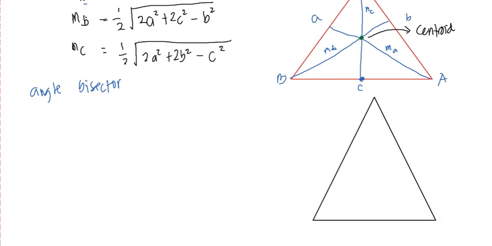It should bisect our angle, dividing it into 2. So, this one, for example, is your angle bisector. And we will have this one.